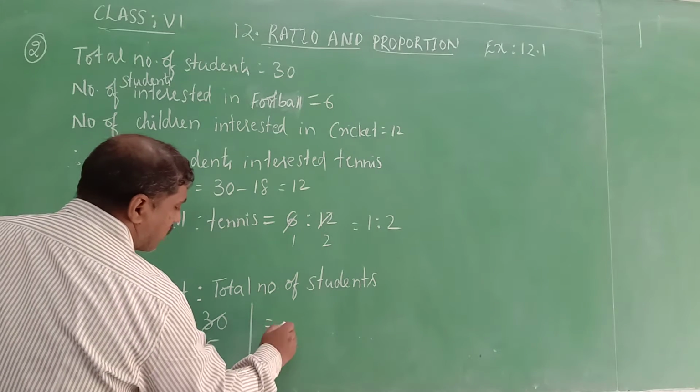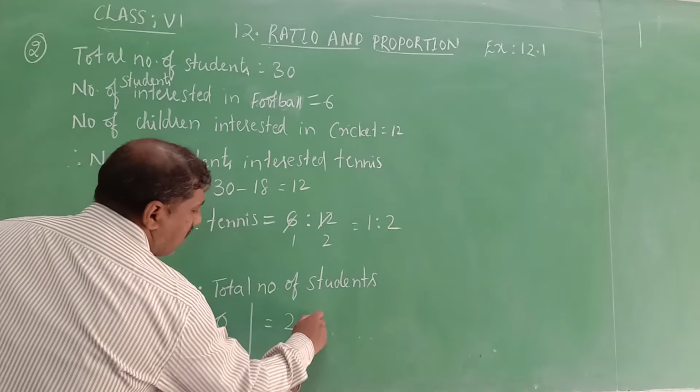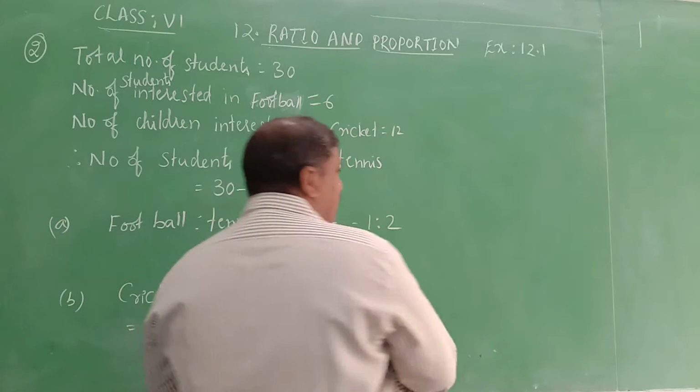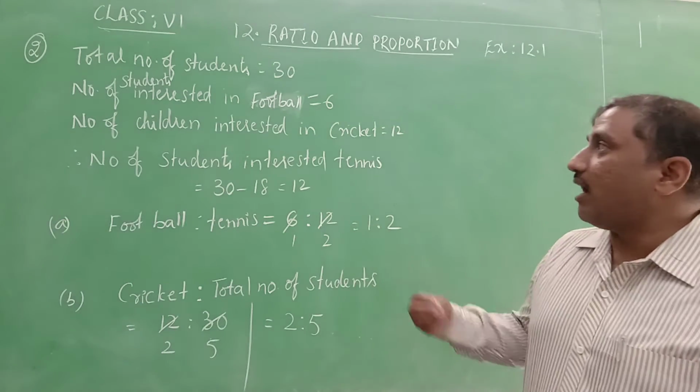Therefore, the required ratio is 2 is to 5. Like this, we will find the ratios which are asked.